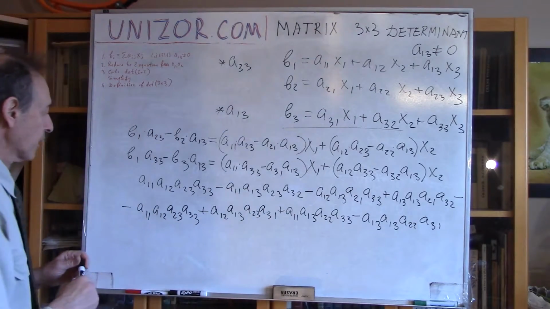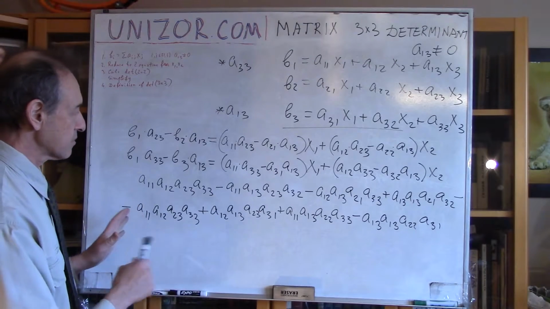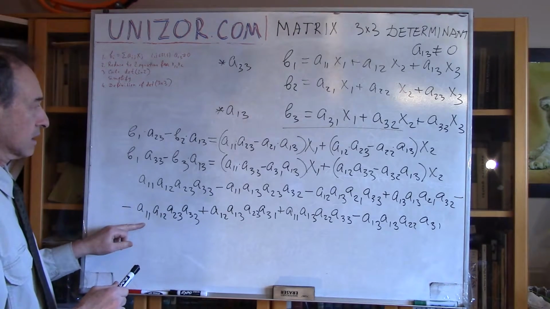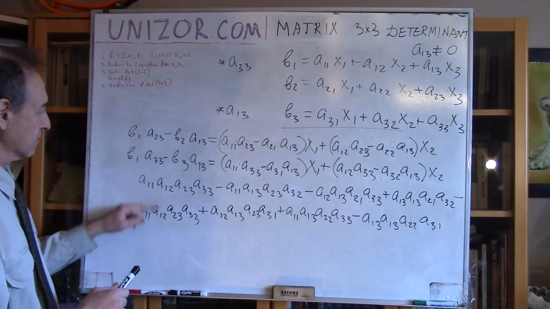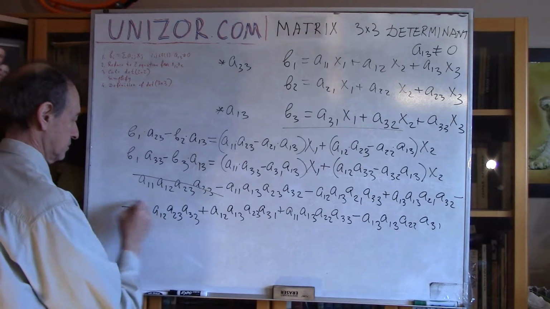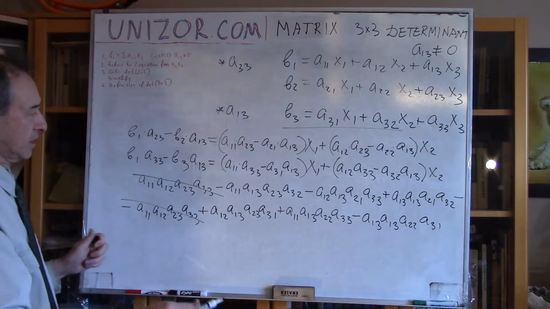And here's how. First of all, I see that there is something which is supposed to cancel out. The first one and this one, you see, they are the same. Cancel out. Plus and minus, all right?